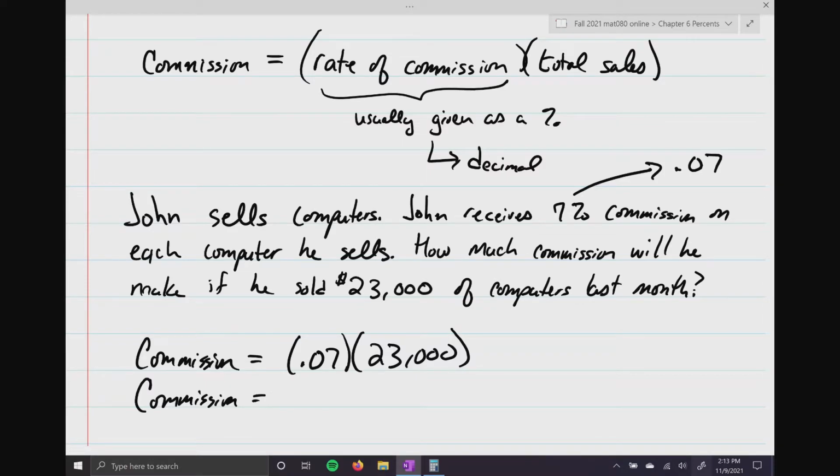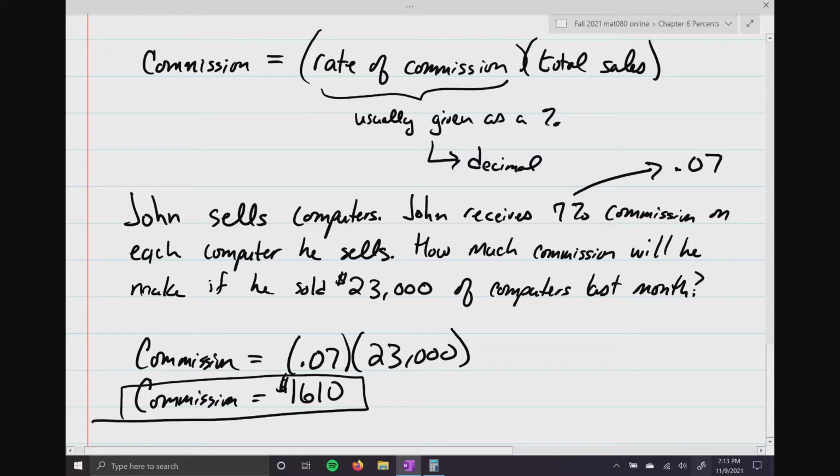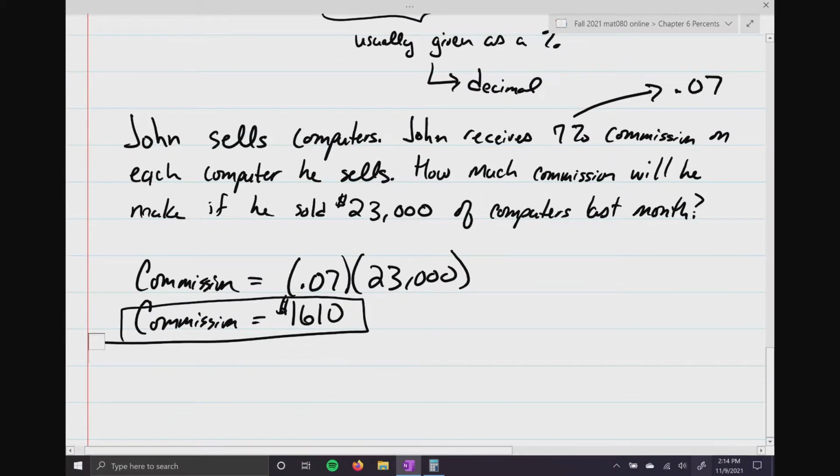And when you just do the math in your calculator, you get $1,610. So at the end of the month, on top of whatever my hourly rate is or whatever I make per month, I would also get a check for $1,610.